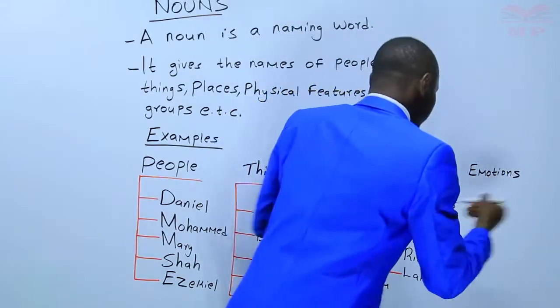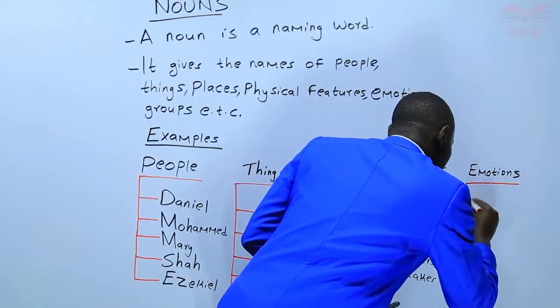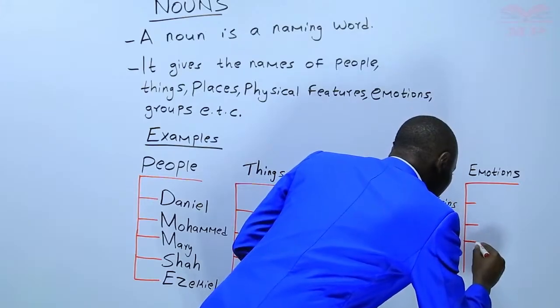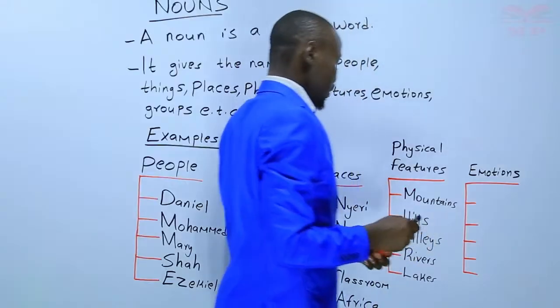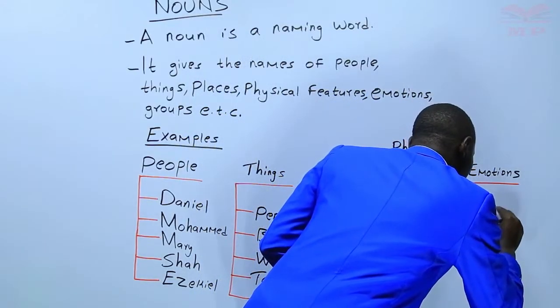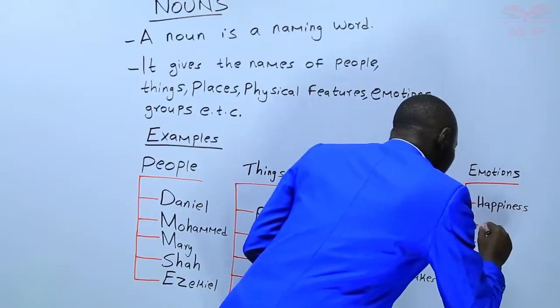So under emotions, the first example, we will give out 5. So the first example, we've talked about happiness. We have joy.